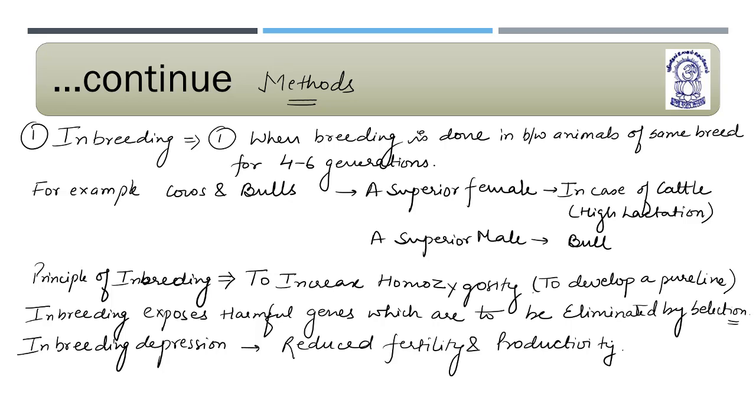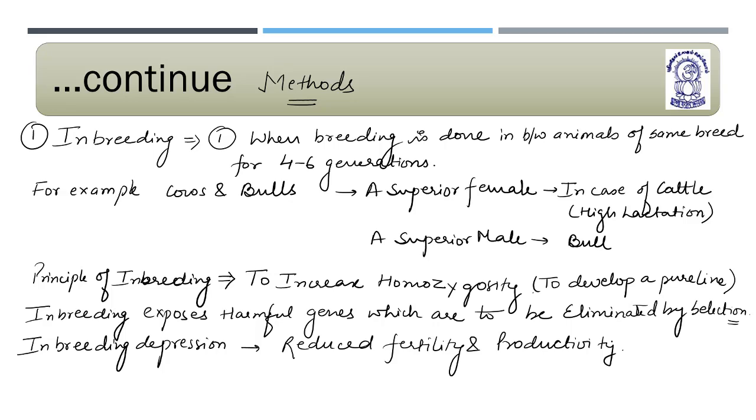So inbreeding also has some drawbacks: it leads to inbreeding depression, that is, the fertility and the chances of adaptability and of getting a good variety also get reduced. That is why the selected animals of the breeding population should be mated with superior animals of the same breed but unrelated to the breeding population. This can restore the fertility and the yield.